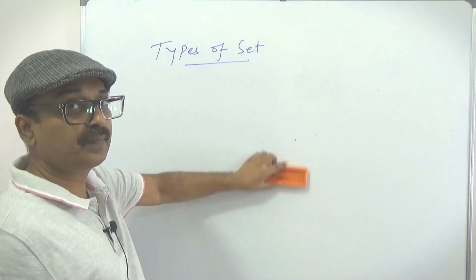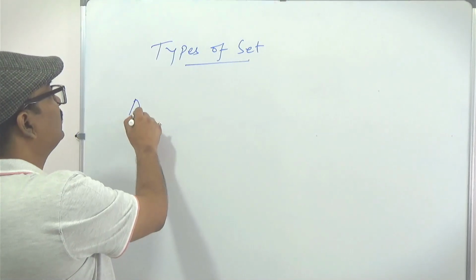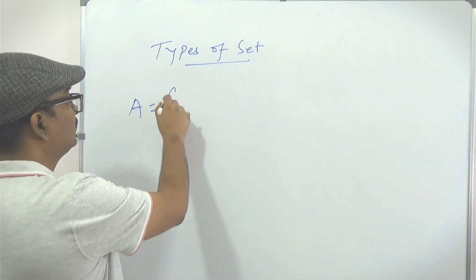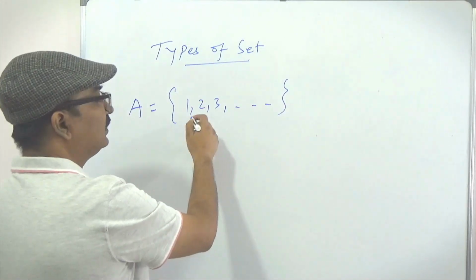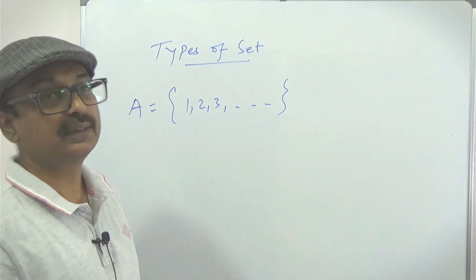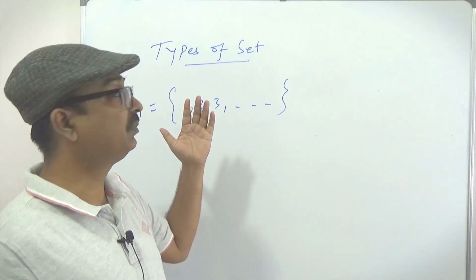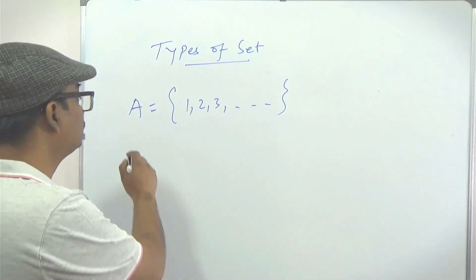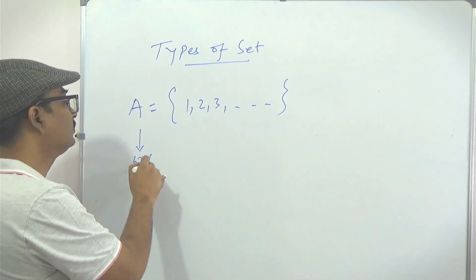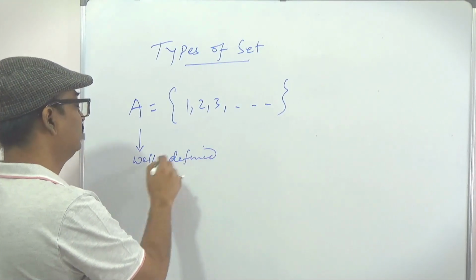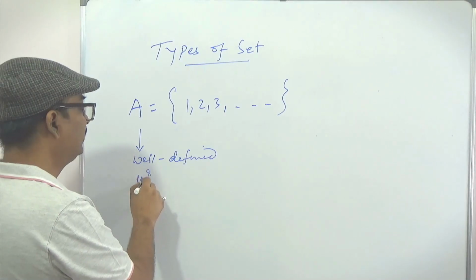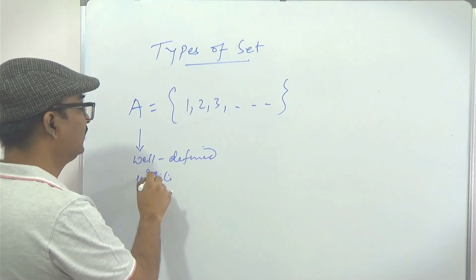For example, set of all natural numbers 1, 2, 3 and so on. The list is endless. The list is infinite, but it is well defined. This collection is well defined, but the number of elements is infinite.